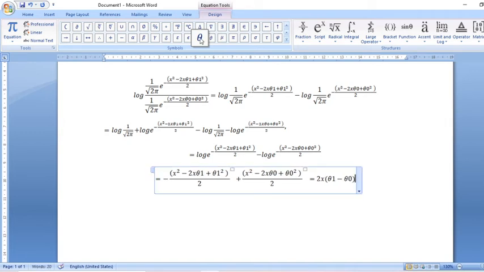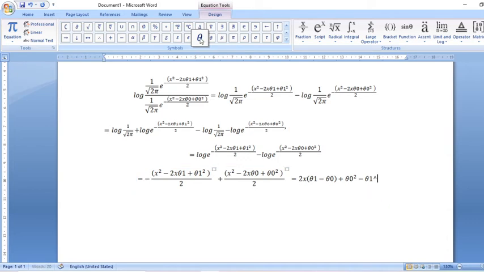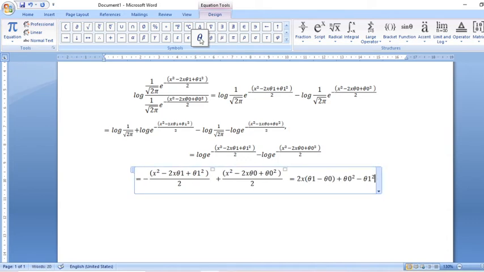Then plus half into theta naught square minus theta 1 square.